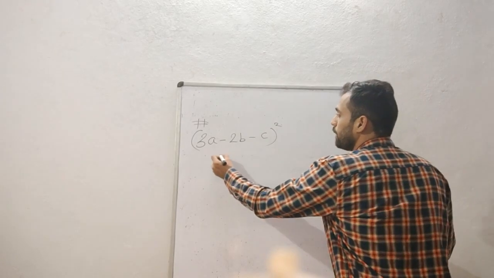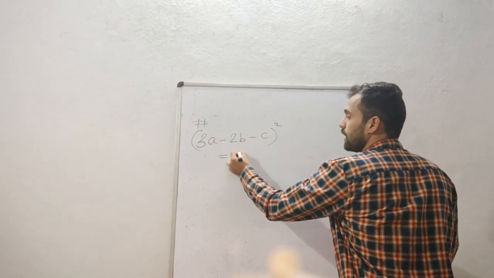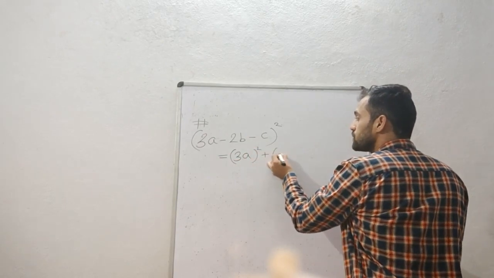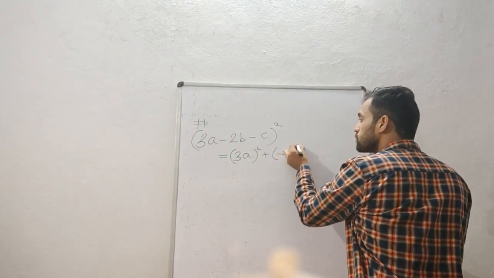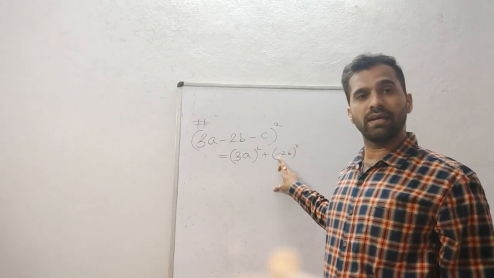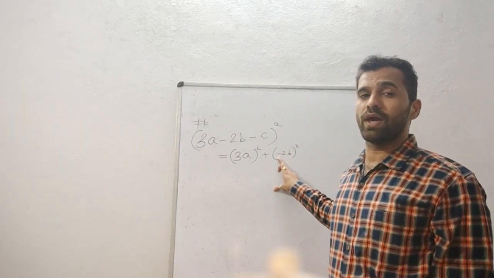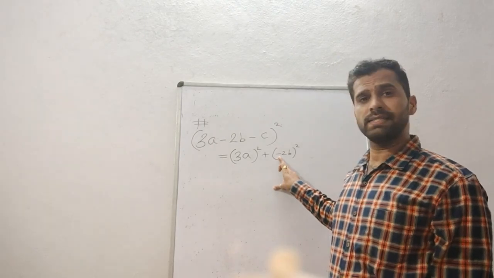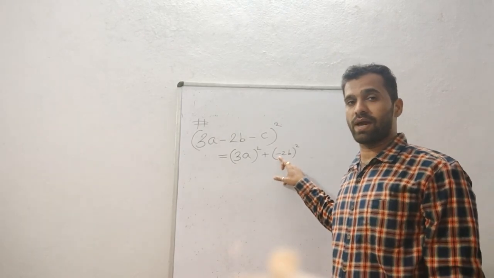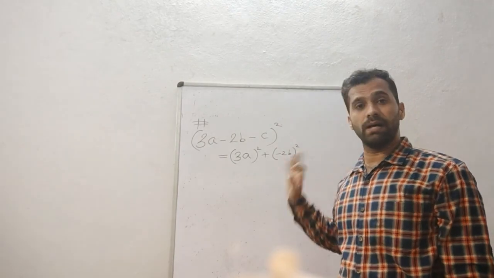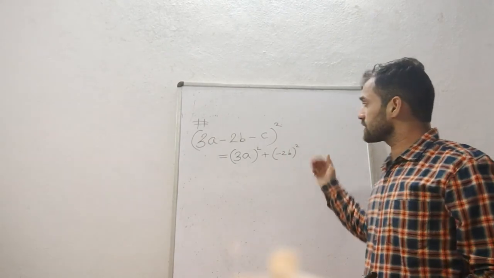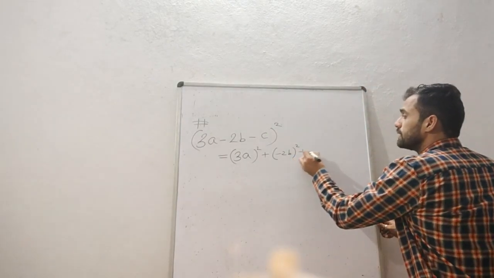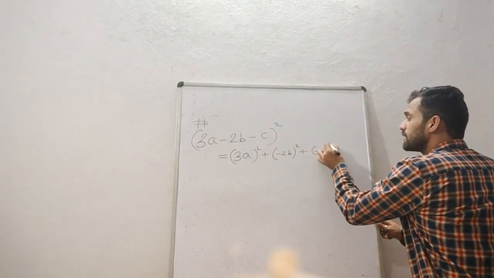See here, (a plus b plus c) whole square. We have a square, that is (3a) square, plus (2b) whole square, so minus 2b whole square. Whether you put a minus sign here or not doesn't matter, because the square of a negative always comes positive. So you can also avoid this negative sign here, because after squaring it will become positive. From the first step you can also put a positive sign, no worries. And c, that is negative c, so minus c whole square.